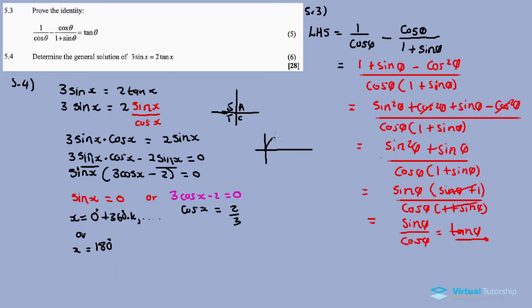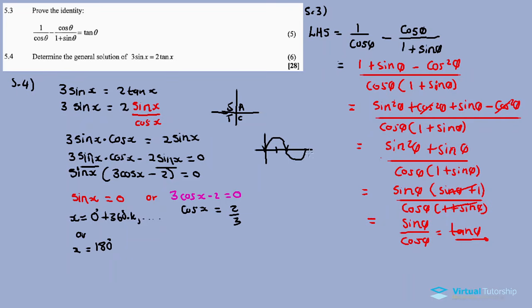It starts from the origin, to 90 degrees, to 180 degrees, and then 270, then 360 degrees. So that's why we have 180 and 0 degrees, right? Because that's where the graph of sine is equal to 0.